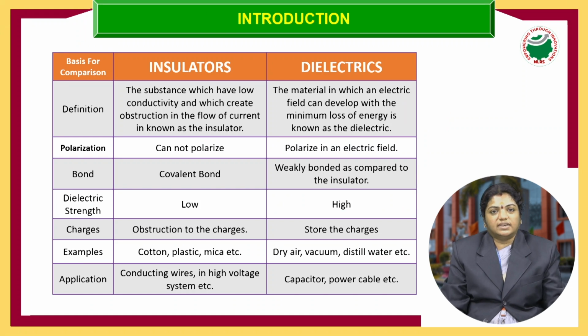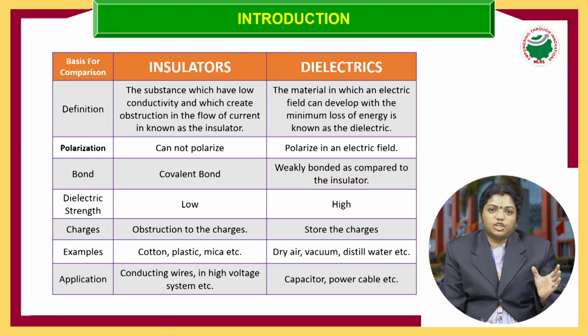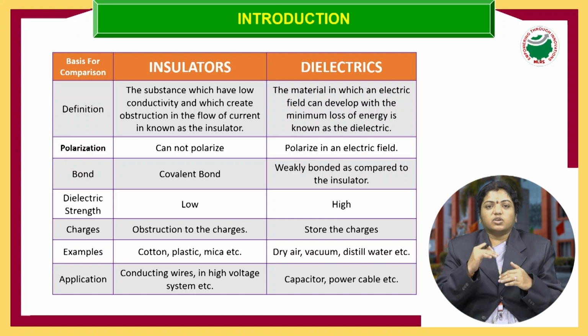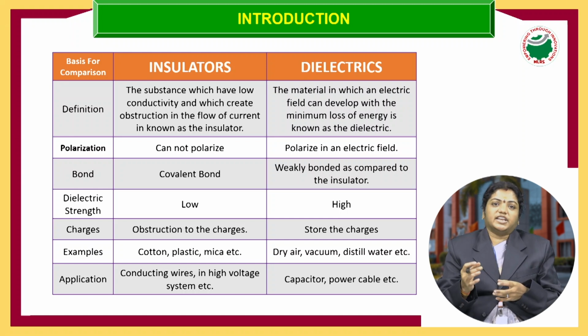Already you know about that, right? Insulators are materials in solids which have a large energy gap. The energy gap is the distance between the valence and conduction band. Materials in which the energy gap is more are called insulators.